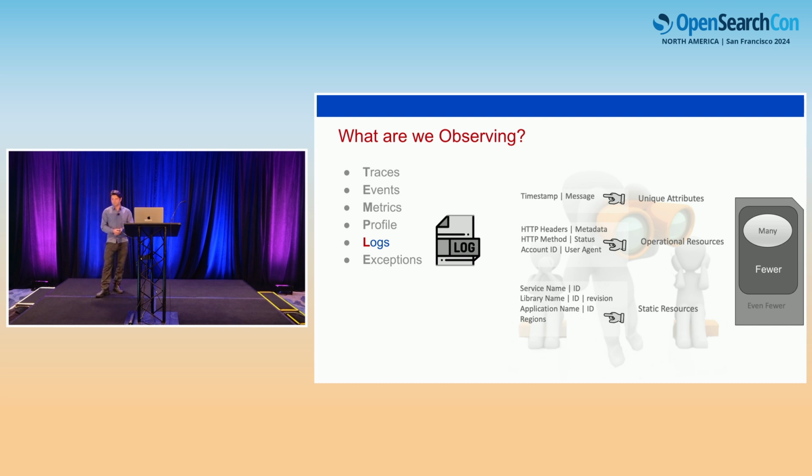And why is it important? Because these attributes are our key and our helping factor to do the correlation process. And the correlation is the fundamental way in which we are investigating our system health. We are determining the root cause analysis. We are understanding the behavior of different components within our system.